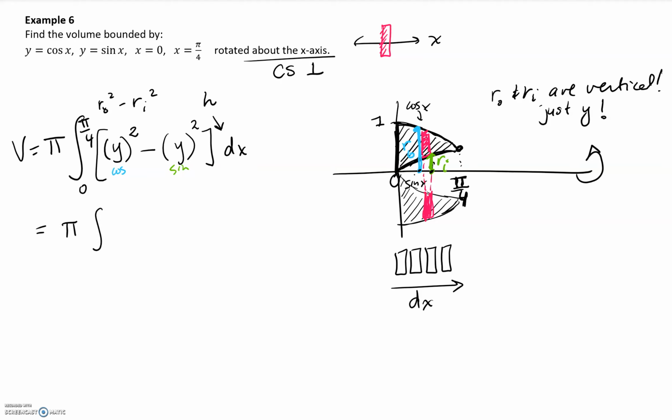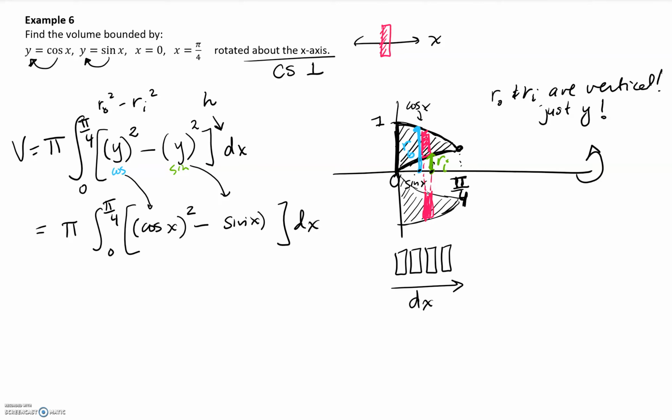So I've got pi, 0 to pi over 4. If I put cosine in my first y, it's cosine of x squared. Don't forget your brackets to make dx belong to all of them. And then my other y is touching the sine function. So sine squared x.